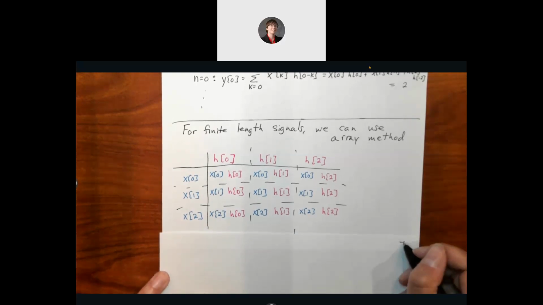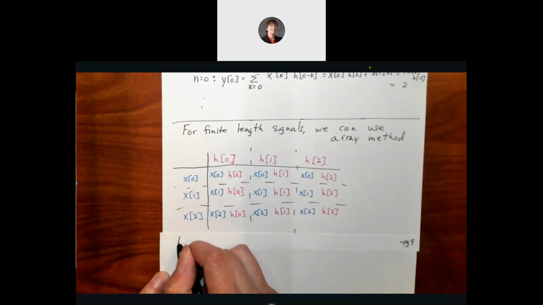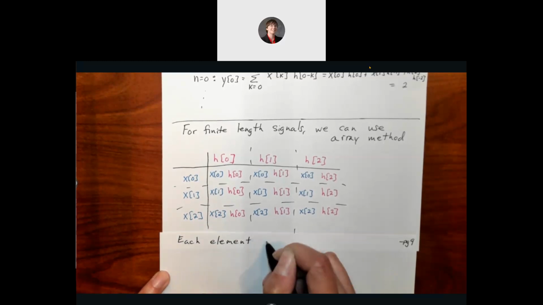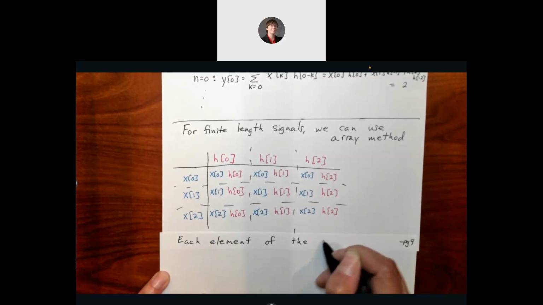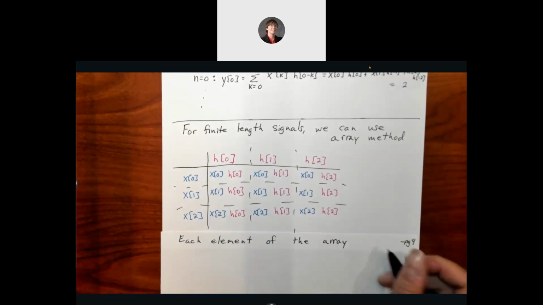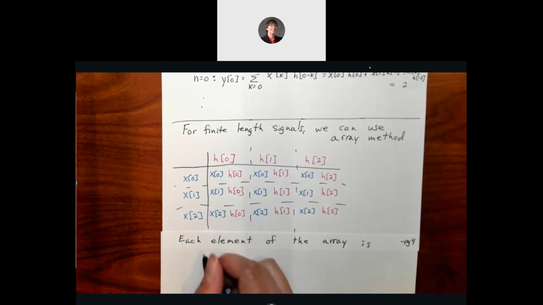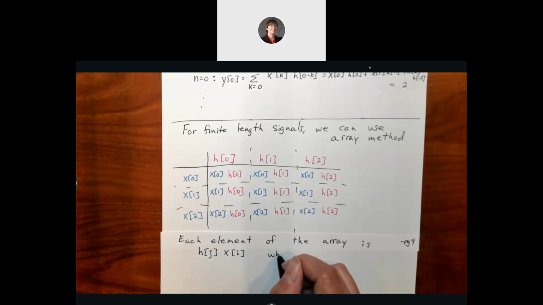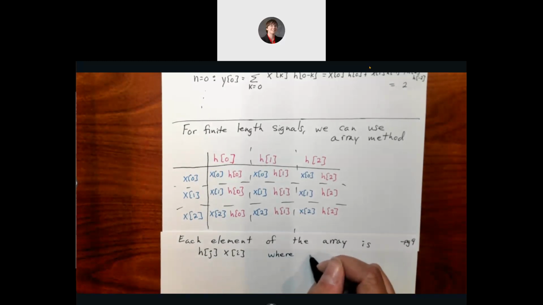So each element of the array is going to be your h times your x.